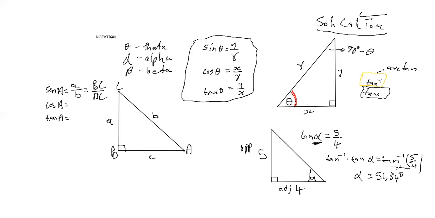And this is, of course, in degrees because we work in degrees when we use our triangles, that's what you know so far. So alpha is 51.34. Now, can you find this angle? Yes, you know this angle is 90 minus alpha, which is 90 degrees minus 51.34. And yeah, you'll fill up the gaps.